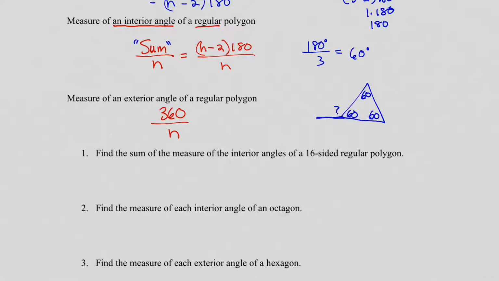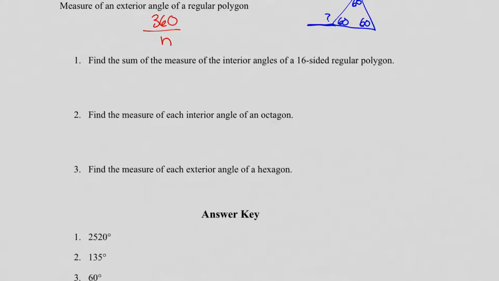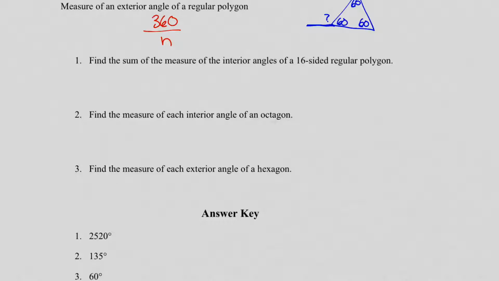Okay, well, let's put these into practice with these 3 questions down here. So it says find the sum of, okay, so we know we need how many sides it has, and it tells us right here this polygon has 16 sides. Okay, great. So the sum is going to be the number of sides minus 2 times 180.